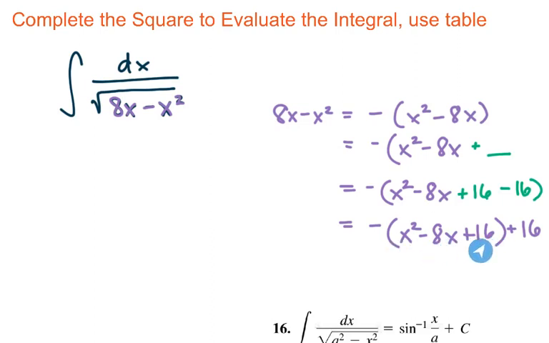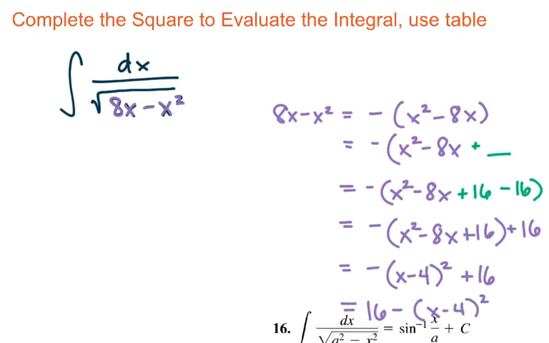So what we notice about this is we can factor. What we have here in the parentheses, x squared minus 8x plus 16, factors to the quantity x minus 4 squared. So this is negative x minus 4 squared plus 16, or rather 16 minus the quantity x minus 4 squared.